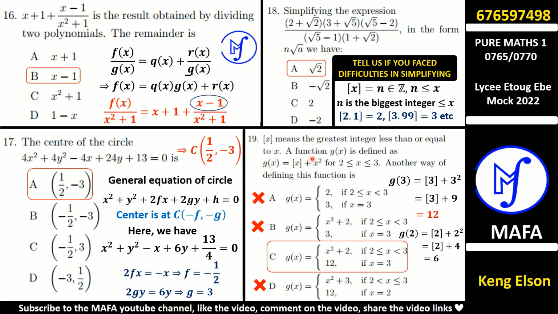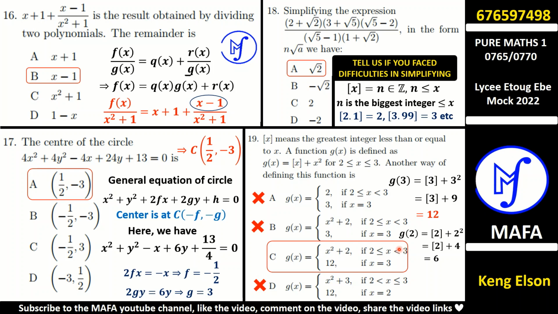The greatest integer of 2.3 is 2. So we see that the x squared remains x squared, but what is changing is just the greatest integer. Whenever we take the greatest integer of any value here, the answer is going to give us 2, because that value is between 2 and 3, and 3 is excluded.